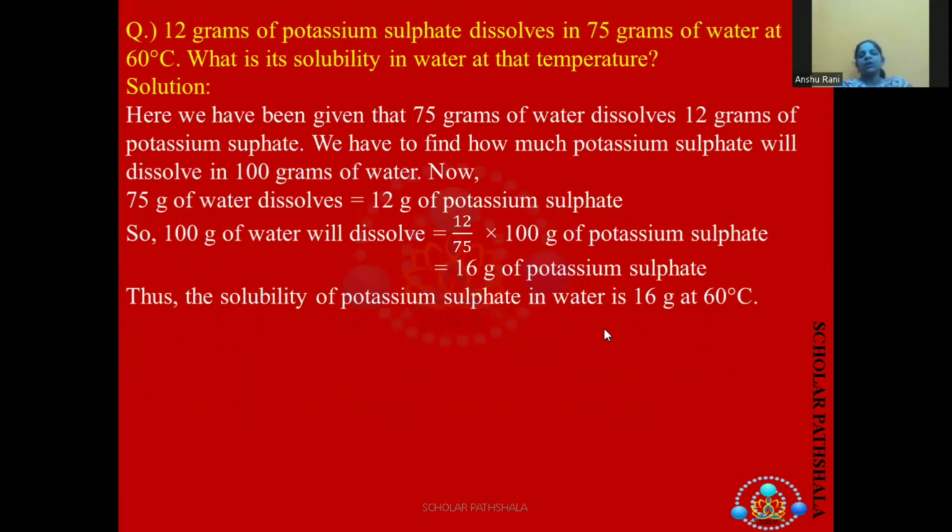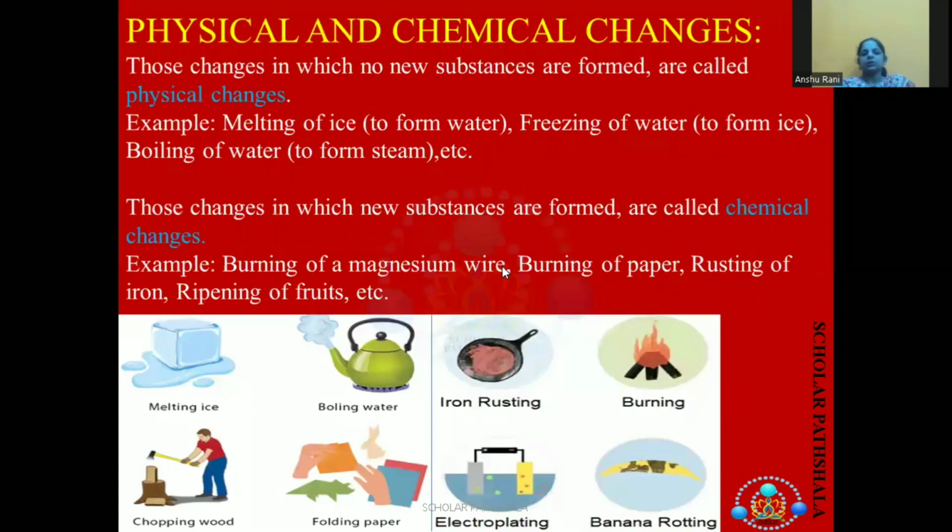What is the solubility in water? So 100 grams of water will dissolve how much quantity, you have to find. 75 grams of water is dissolving 12 grams, so 100 grams will dissolve 12 upon 75 into 100. Simple unitary method, we will get 16 grams of potassium sulphate can be dissolved at 60 degrees Celsius.